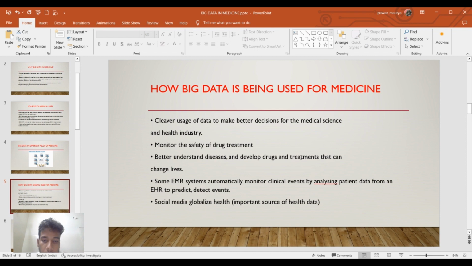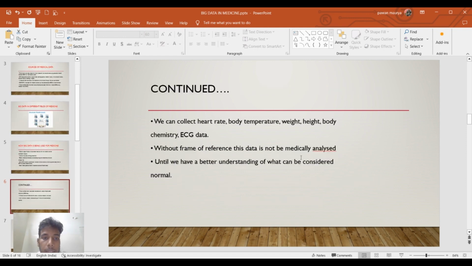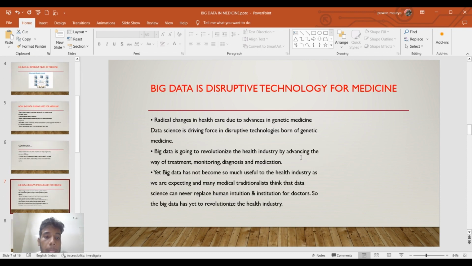Social media and globalized health are an important source of health data. We can collect heart rate, body temperature, weight, height, body chemistry, and ECG data. Without a frame of reference, this data cannot be medically analyzed until we have a better understanding of what can be considered normal.